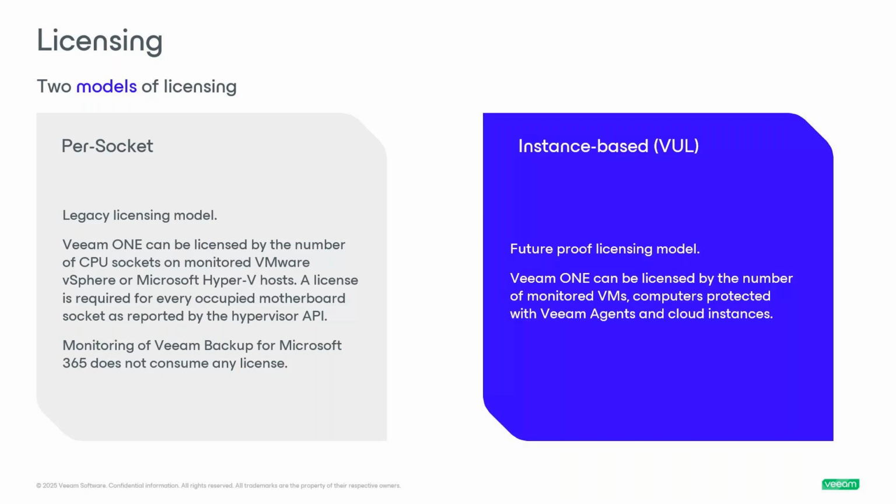So in order to protect a certain number of machines, you'll need to get the total number of the machines you want to protect, and we will license you for them. But again, it doesn't matter here whether you're using the socket or the VUL license for Veeam Backup & Replication, we'll be able to cover Veeam ONE for each.